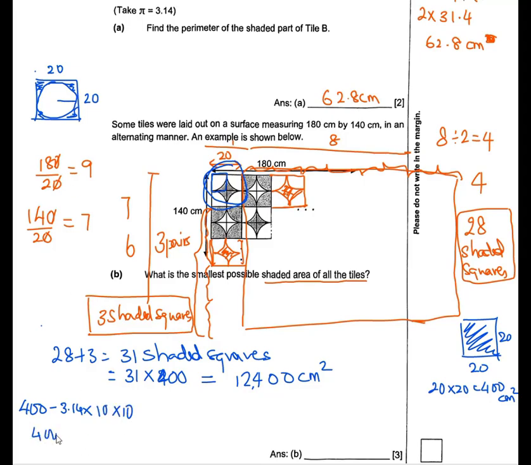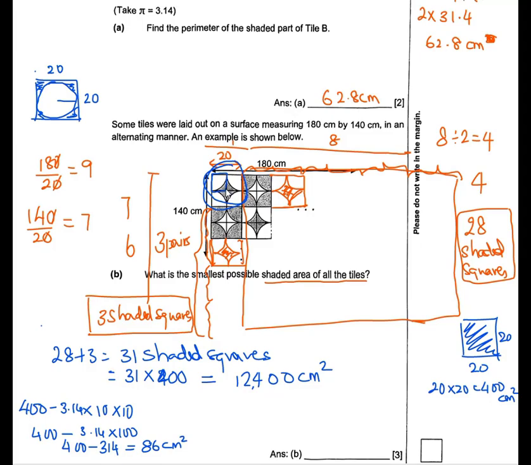So this is 400 minus 3.14 times 100. Because there are two zeros here, I move the decimal 2 digits to the right, 1, 2. So this becomes 400 minus 314, which is equal to 86 centimeters square. This is the area of this shaded portion that you have here.